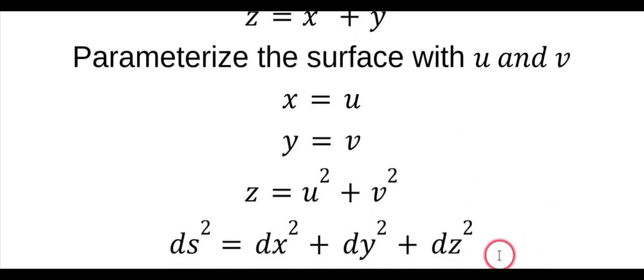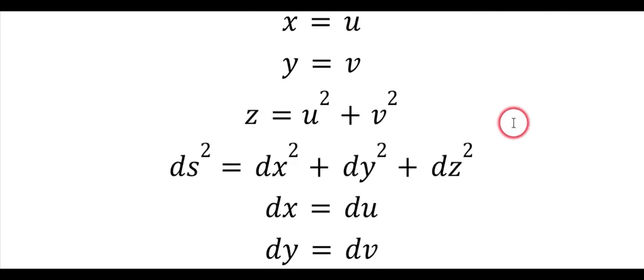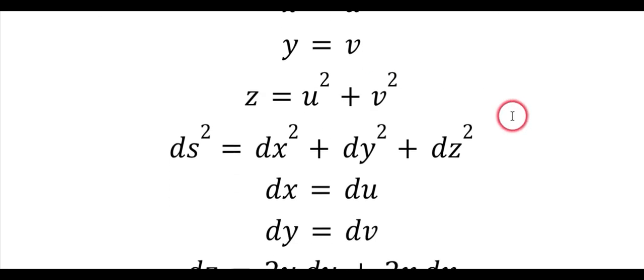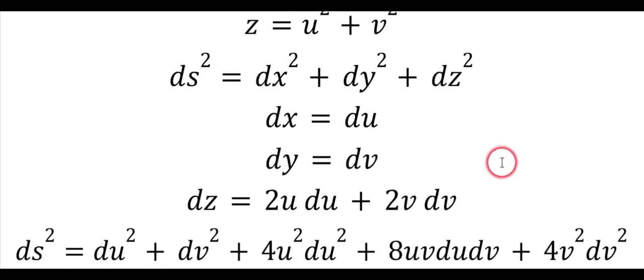Alright, now we take the infinitesimal line element, which in Cartesian coordinates is the same as the Pythagorean theorem. Alright, and we plug all this in. So dx is just du, dy is dv, and dz is 2u du plus 2v dv. Now we square all that and put it in.